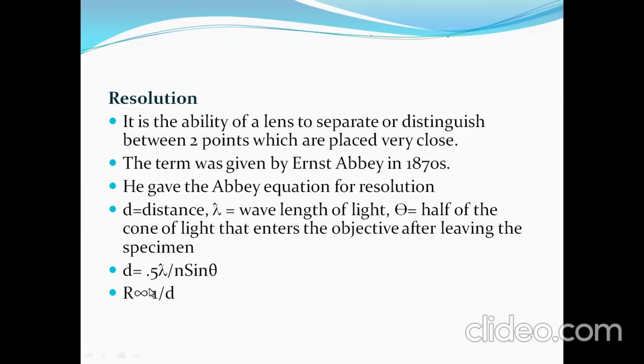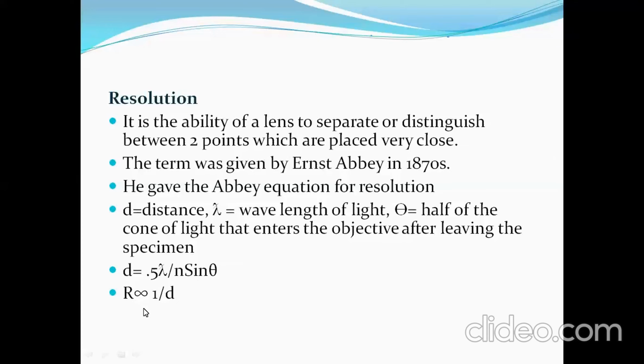D equal to 0.5 lambda by n sin theta, where lambda is the wavelength of light, n sin theta is the numerical aperture, where n is the refractive index and theta is half the angle of light entering the objective lens after leaving the specimen. Okay, so these are the various factors which regulate the D.